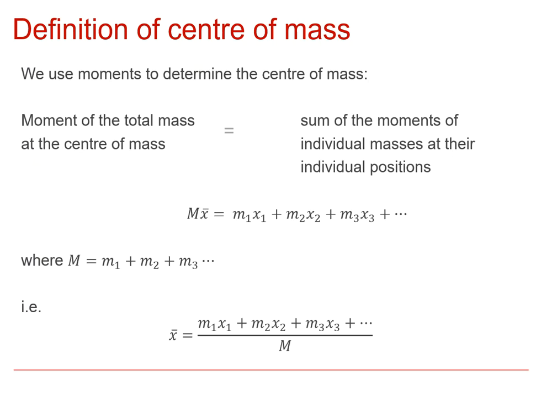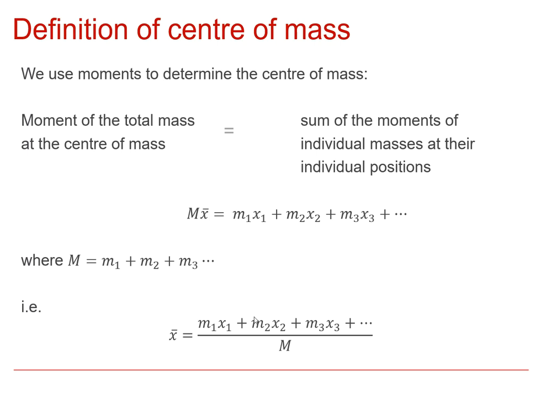Now, in order to define the centre of mass and to calculate the centre of mass, we think about moments. The word moment in mechanics and science in general refers essentially to anything where you've multiplied something by a distance or by a position.